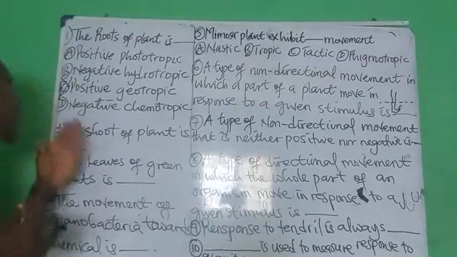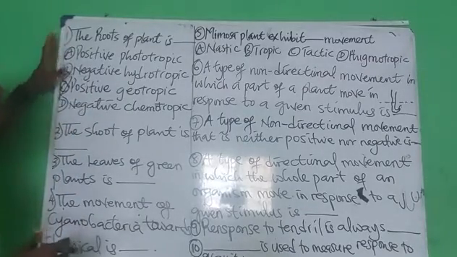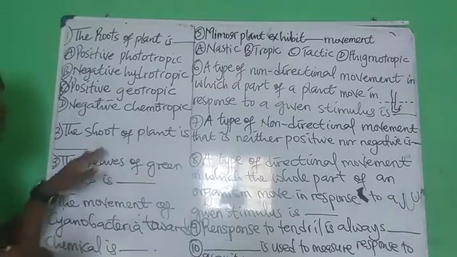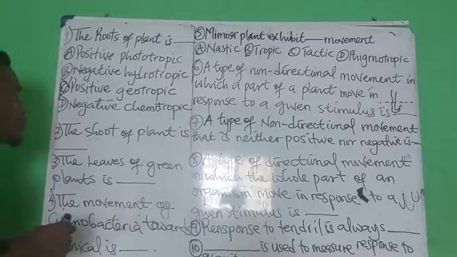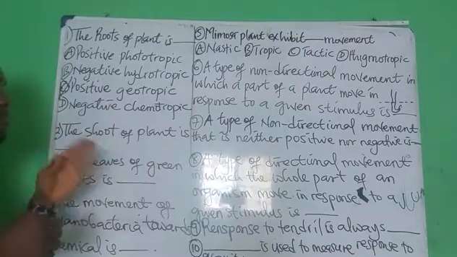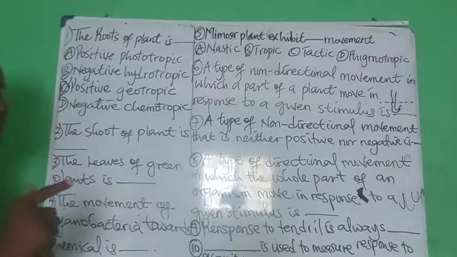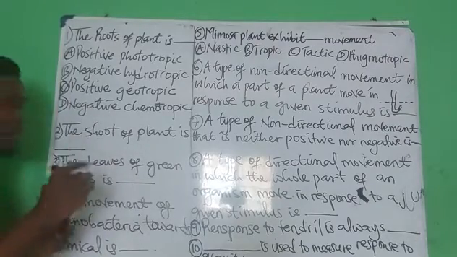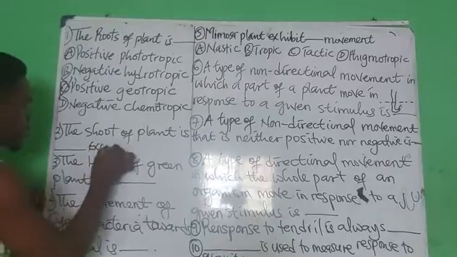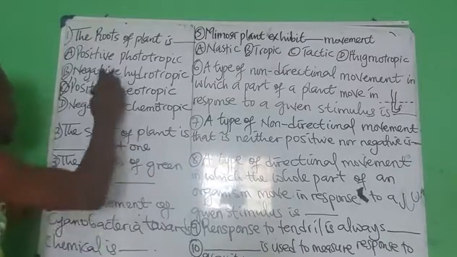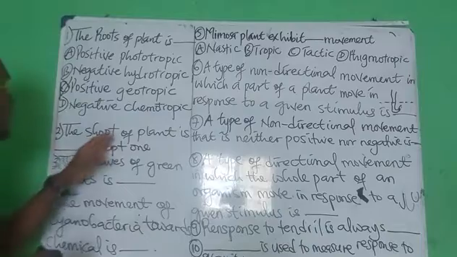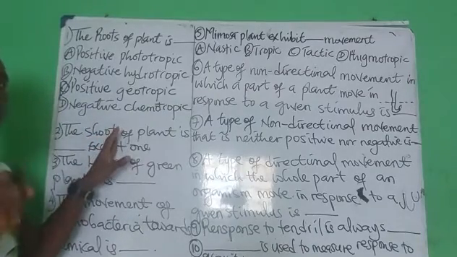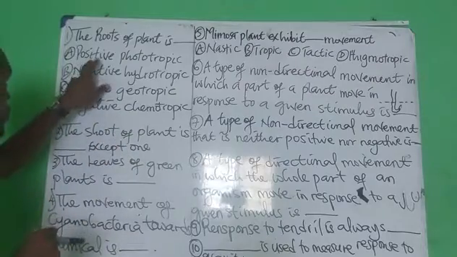Now we are also using the options in question 1 to answer question 2. The shoot of plants is dash, except one. The shoot of a plant always grows towards sunlight for photosynthesis, so it is positive phototropic.